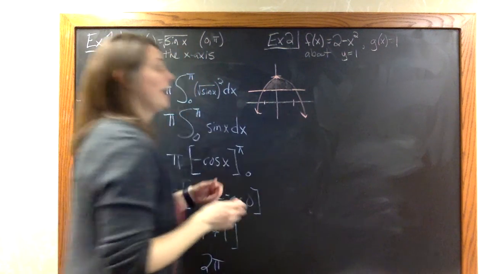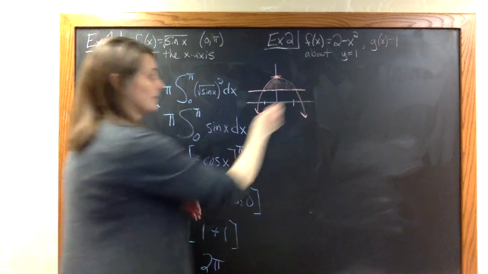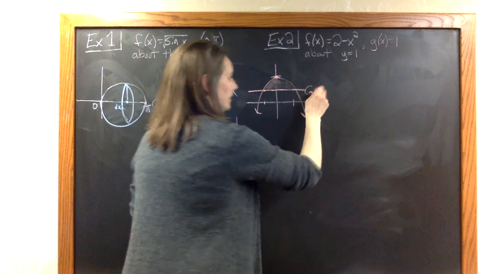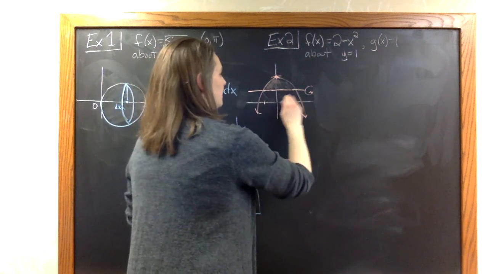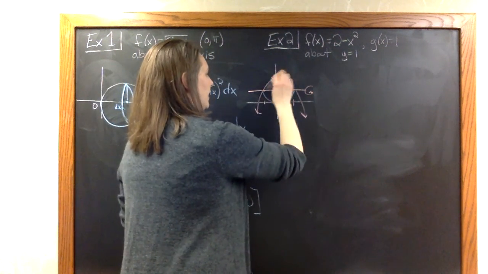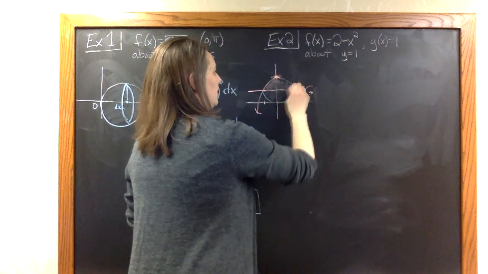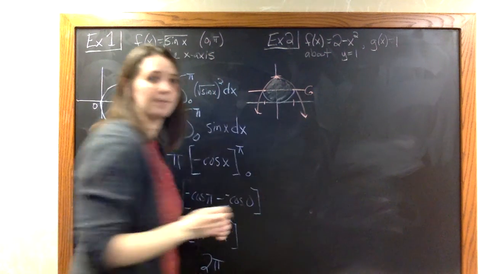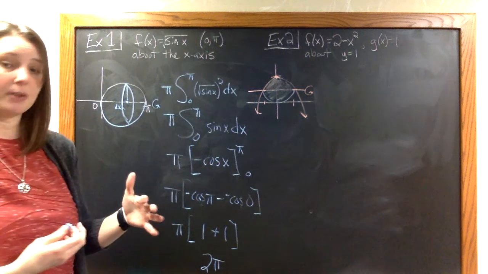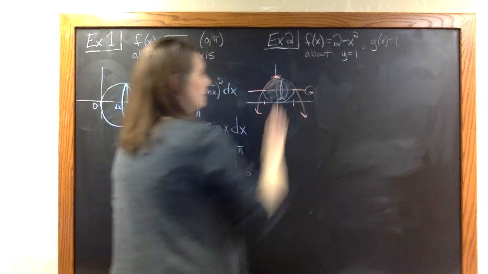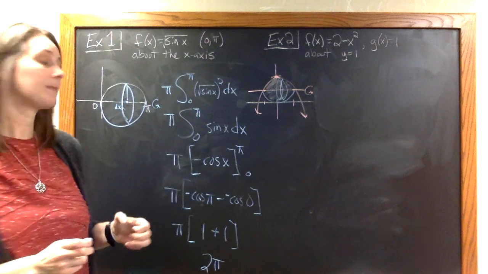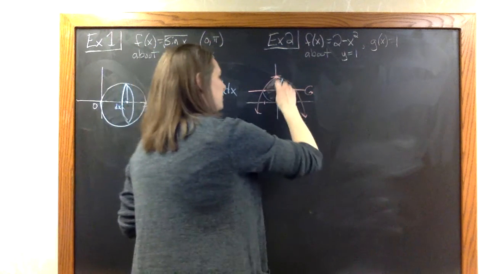We're not revolving around the x-axis, we're revolving it right here. So this thing's going to come down like this, and it's going to give us a little egg-shaped object right here. That's what we're trying to find the volume of. And then if you want to draw in all of your little pancakes, your little discs, there they are.